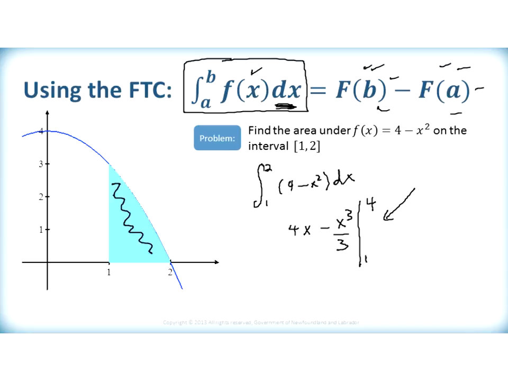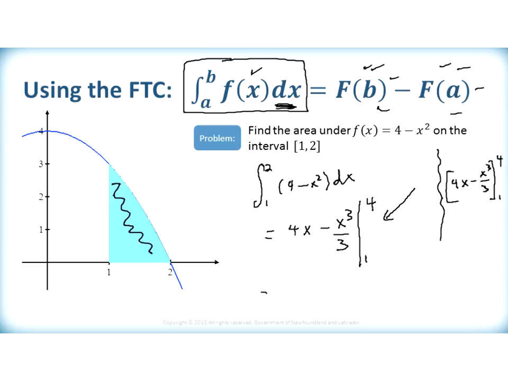There's another way that's probably as common. You could write, instead of that, if you really wanted to, 4x, and some folks prefer this, minus x cubed over 3, and then you could put it in square brackets like that, and then put your limits outside from 1 up to 4. Either way, up to you, both acceptable.